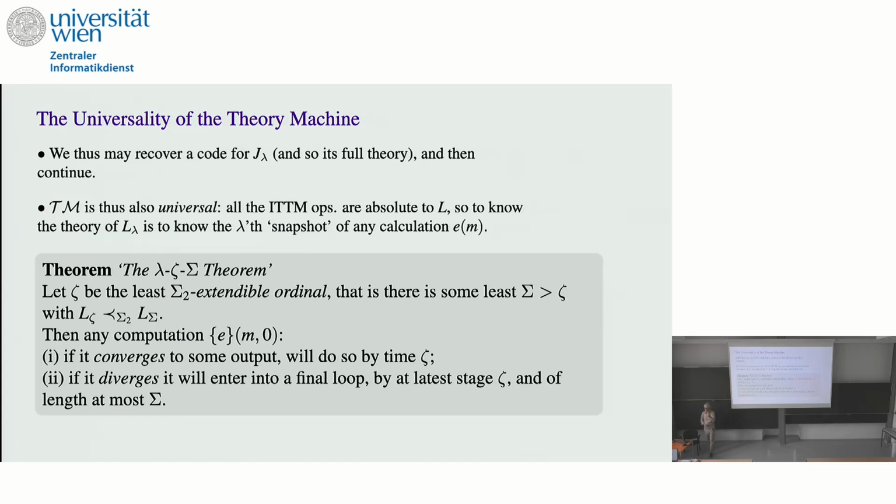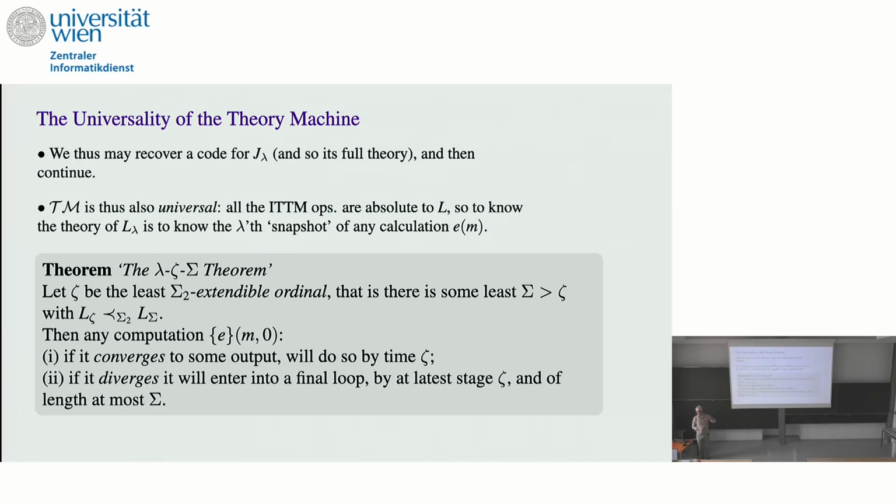So this least sigma 2 stable is important for the theory of machines here. So if there is going to be convergence of, say, the ETH machine, on some integer input m and 0, if it converges, it's going to do so by this time here. And the convergence, again, is a sigma 2 statement.